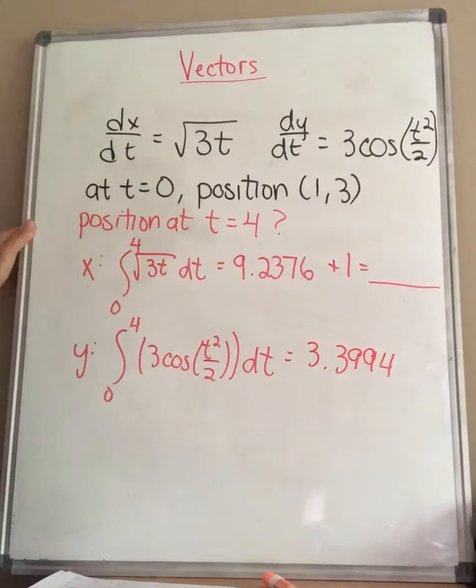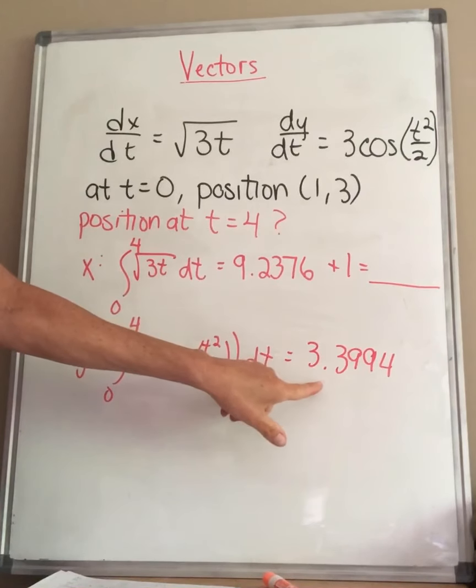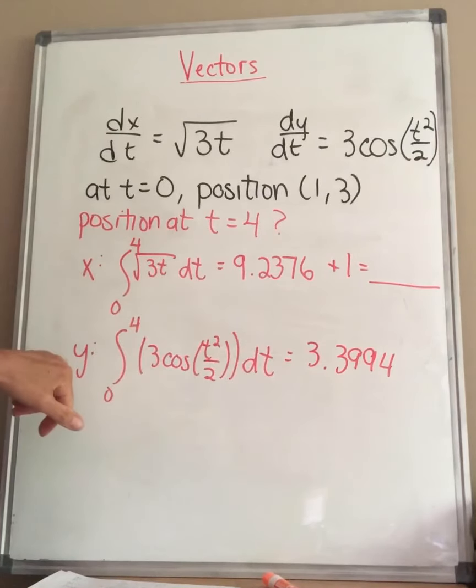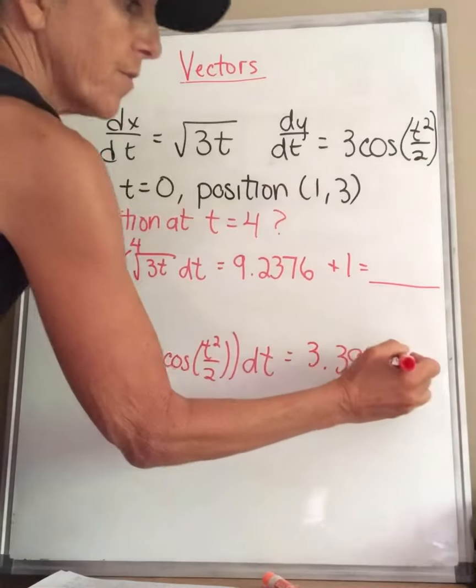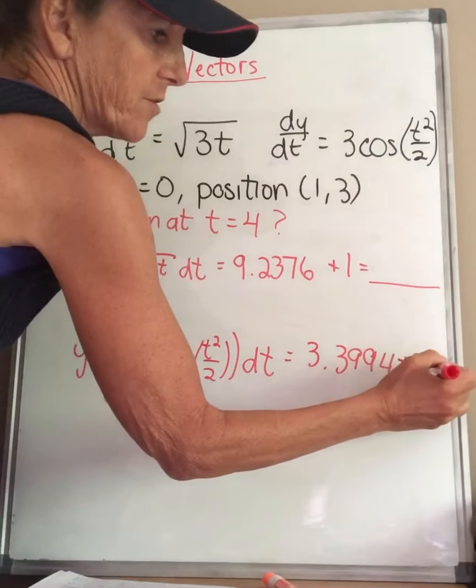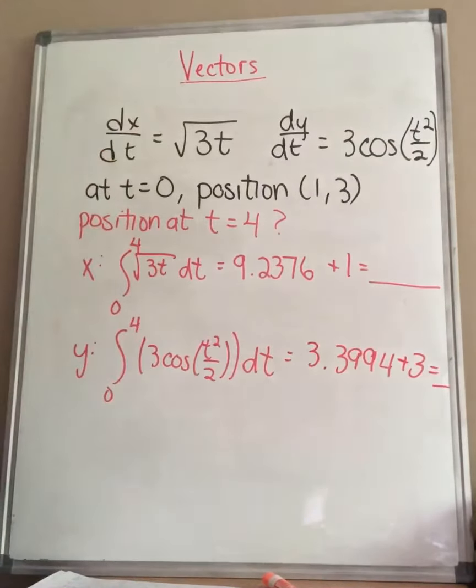That's telling you from time 0 to time 4, our particle moved that many units up. I'm saying up because it's my y-axis and that's a positive number, up from where it started. It started at the number 3, so I'm going to add 3 to this, and I'm running out of board space here, and that would be my new position.